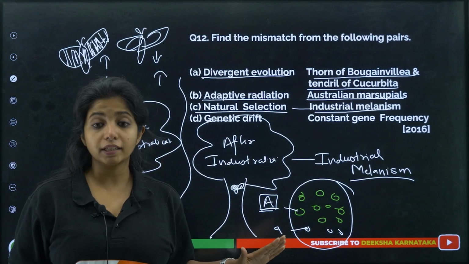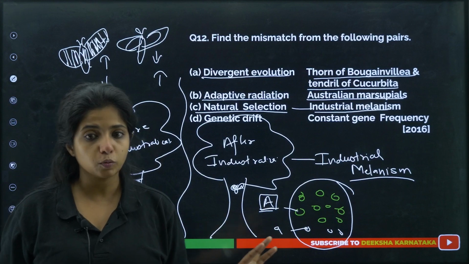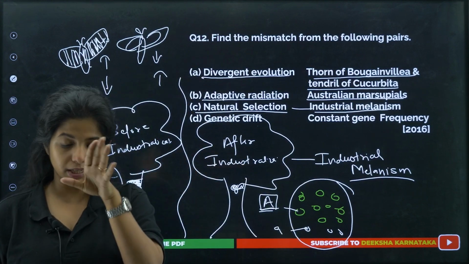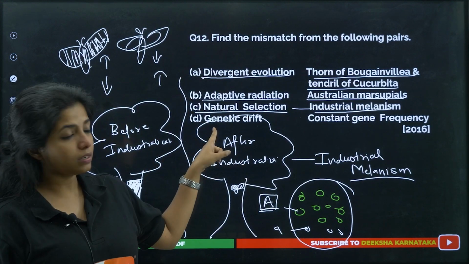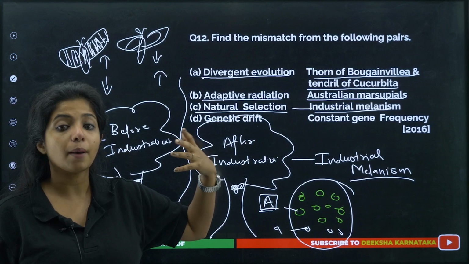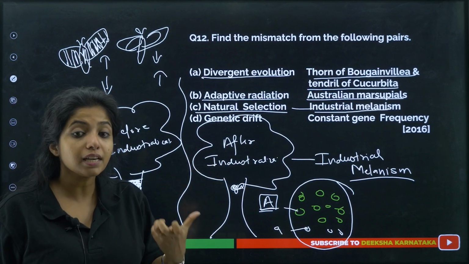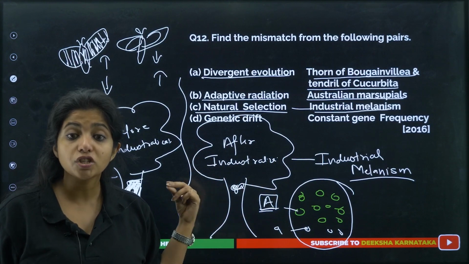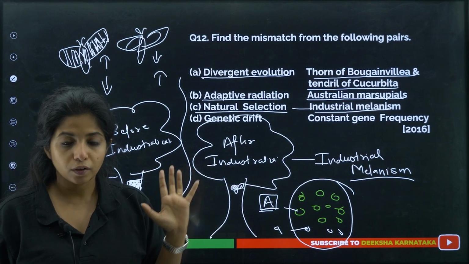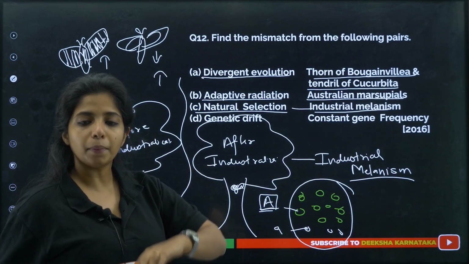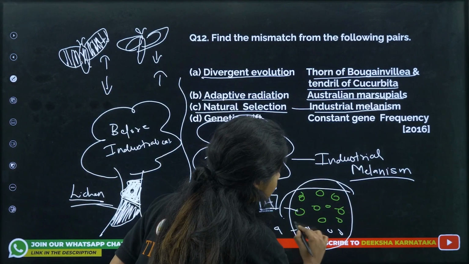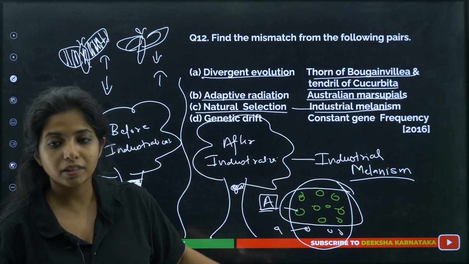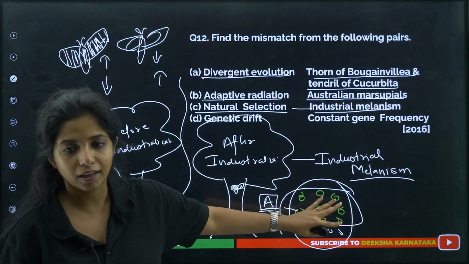But there were a lot of factors which were going to destroy Hardy-Weinberg's principle. They were going to say the gene frequency cannot be the same. One such factor is genetic drift, which can happen anytime. So genetic drift means the frequency of one particular population can change by chance also. For example, I was walking in a park and I stamped on this particular region. Basically, all the organisms which were there died.